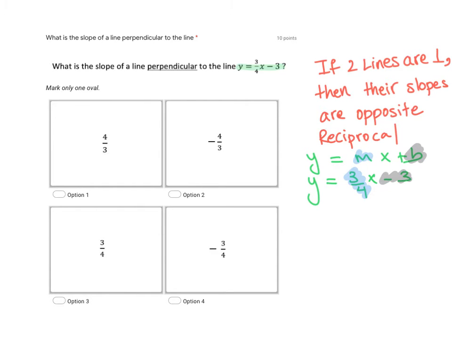It is called a slope-intercept form because you can get the slope from the equation, and the slope is 3 over 4. Now the opposite reciprocal is going to be having an opposite sign. So if this is positive, then the opposite is going to be negative. Reciprocal means you have to flip the fraction. So the reciprocal of 3 over 4 is going to be 4 over 3. So it's -4 over 3, which is this option.